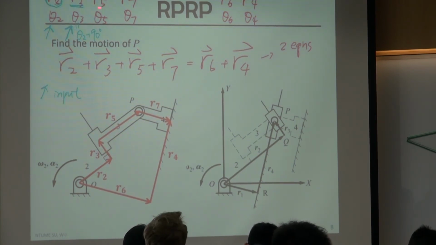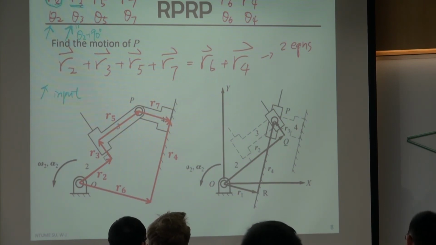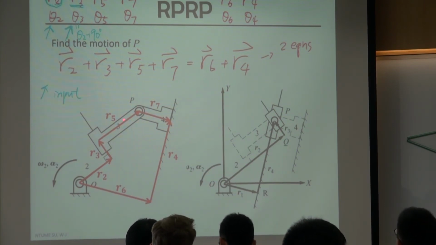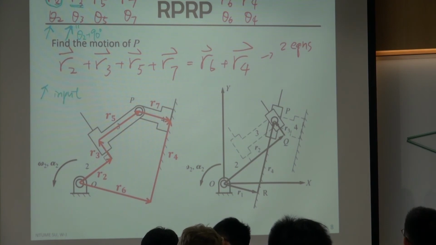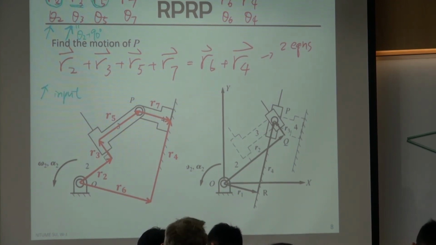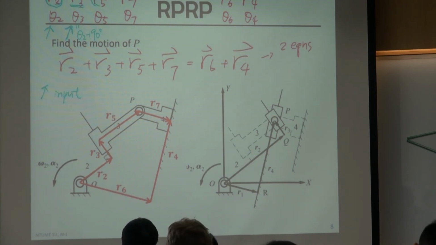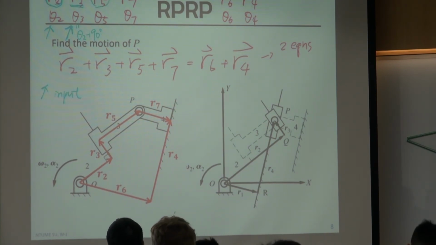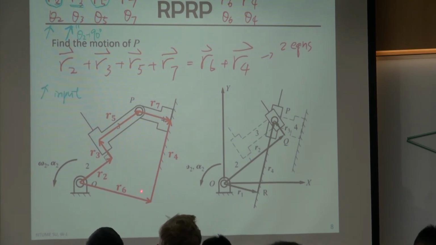How about R5? R5, the length is also fixed. It's not going to change. Any questions so far? No? Okay. How about theta 5? Is it known or unknown?